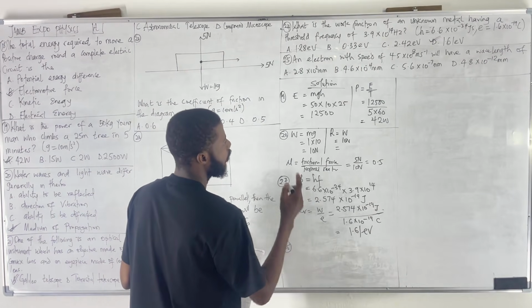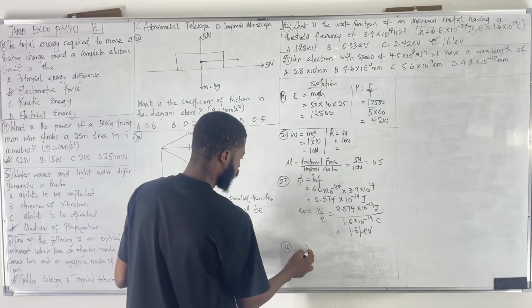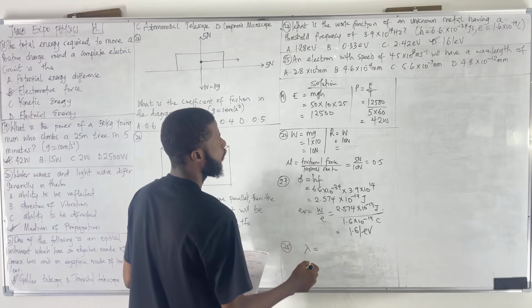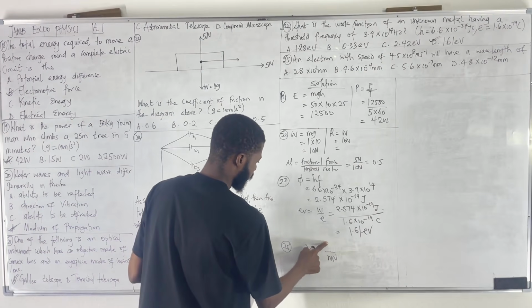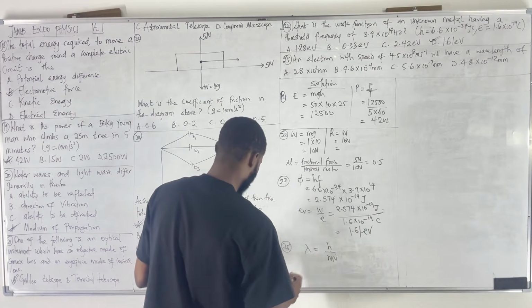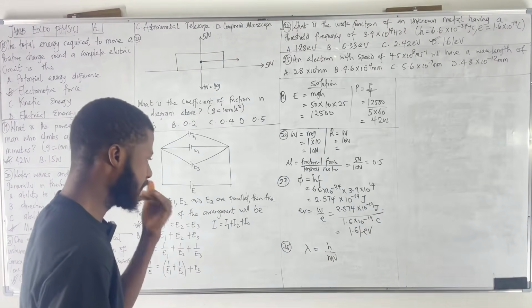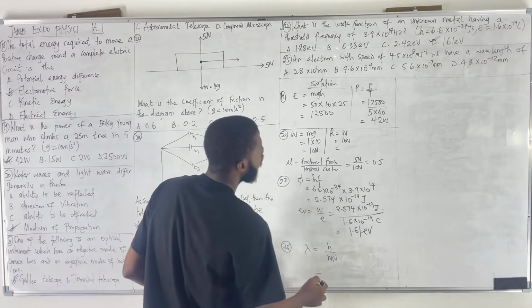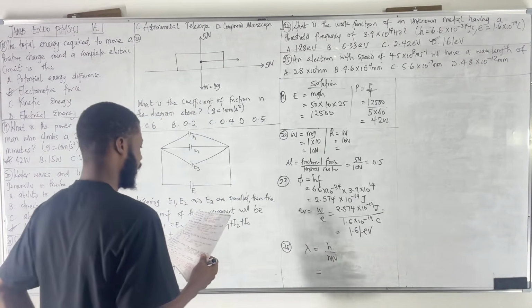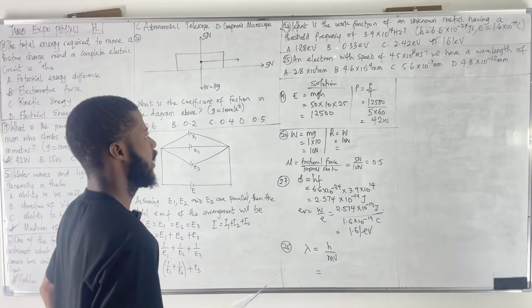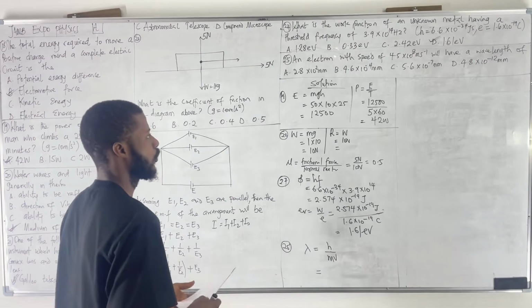So v is given, for us to find wavelength. So wavelength is equal to h over mv. Why are we not given Planck's constant? Unless they assume we should know.